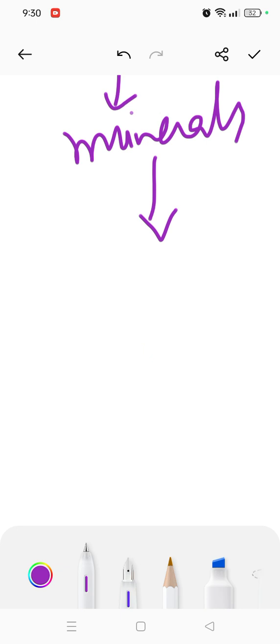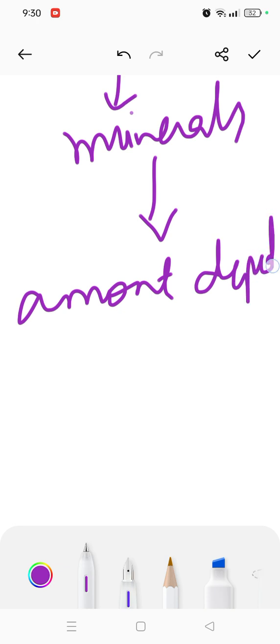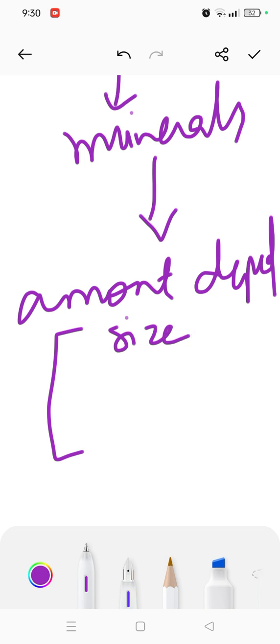So let me just clear that. When we need minerals, their amount depends on several things. First thing is the size of the plant, secondly their position or their location.